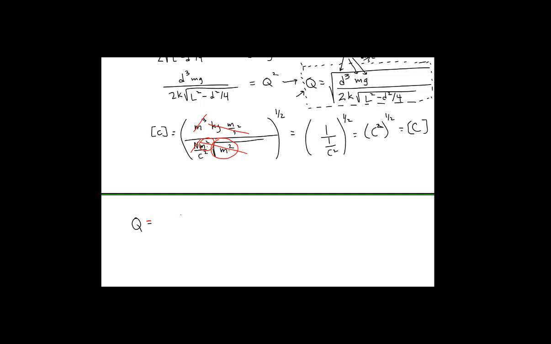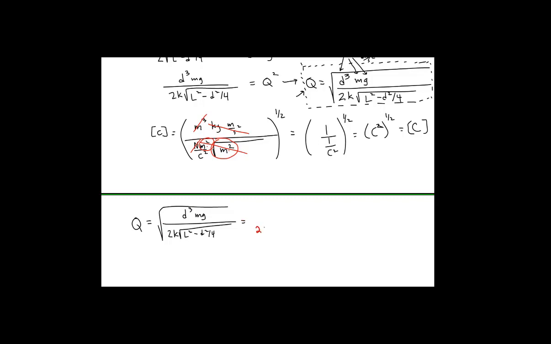So this is, again, d cubed mg over 2k square root of L squared minus d squared over 4, and that's all underneath the square root. So let's go ahead. I'll start off by writing the denominator.